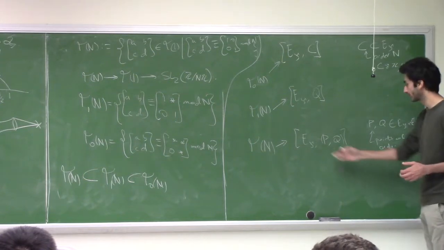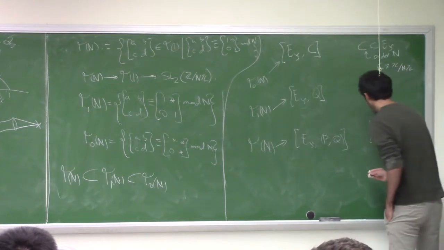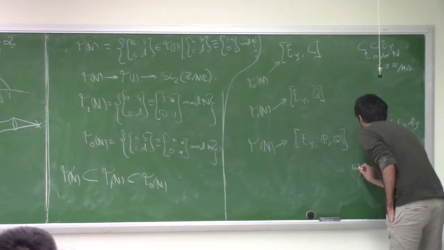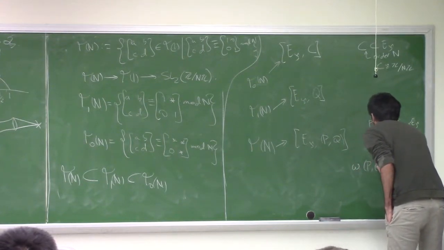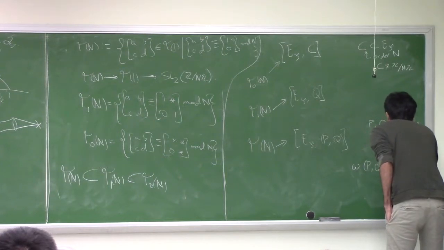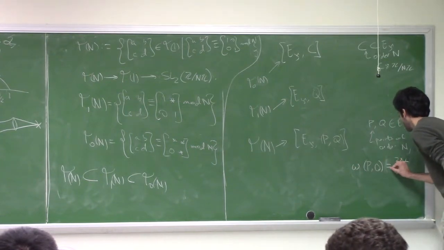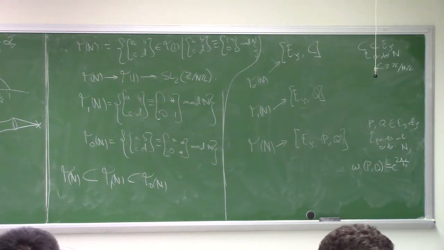The group of order n on an elliptic curve has a pairing on it called the Weil pairing. I will not get into the definition of that, but the property is that if you apply the Weil pairing, let me just call it W, to these two points, you get a root of unity e to the 2 pi i over n. So these are the three different modular interpretations for these curves.